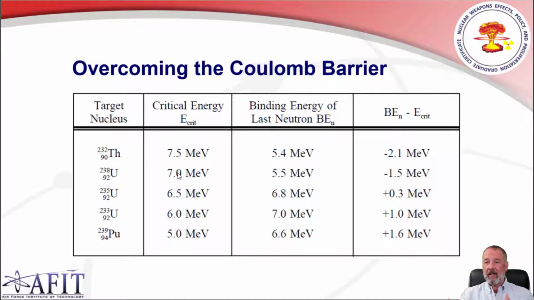If we look at this chart, that critical energy is how much you need to overcome with the wobbling. So you need to have at least 7 MeV for uranium-238. You need that amount of force to push the wobble in order for it to split apart. And for uranium-235, it's a bit lower at 6.5 MeV.